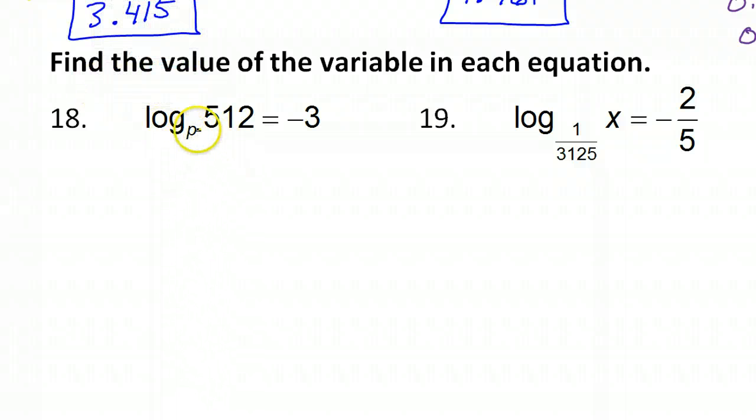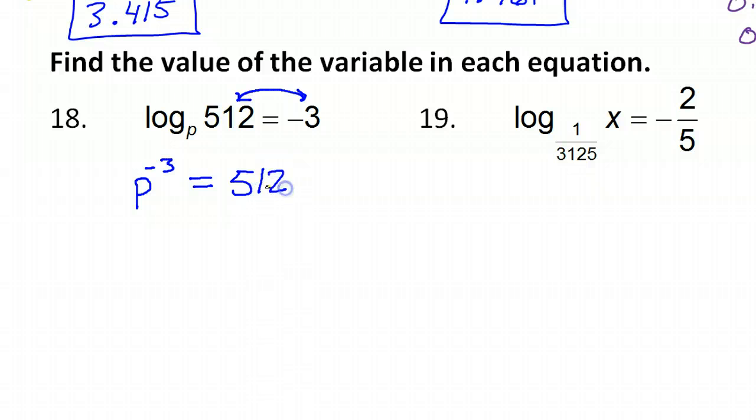So starting with the base, in this case the base is p. So this would be the same thing as p, and then these two things basically switch places. So I will have p to the negative 3 power is equal to 512. So this new exponential form is equivalent to the form I had before.